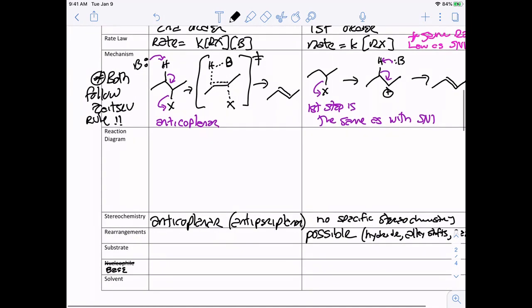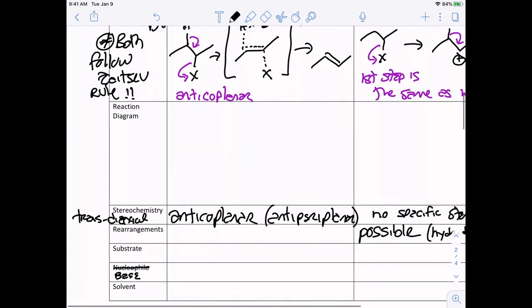Oh, we should add, if it's under the E2 section, remember if it is cyclohexane, it's in that chair conformation, and it needs to be diaxial. So trans diaxial, that's an A. Let's try to write that a little neater.